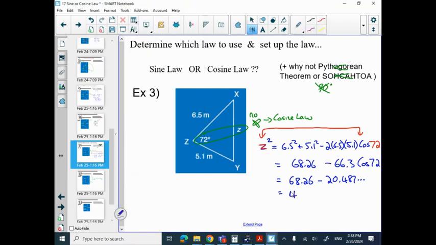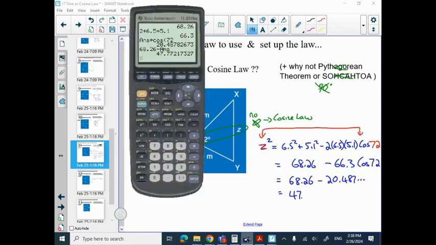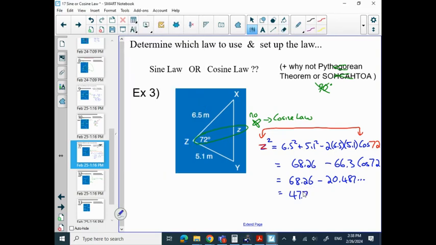47.8. Actually, I might say 47.7 dot dot dot, because I'm still going to be doing the square root. So I have z squared equals that. And so this way we take the root of both sides, and of course we're going to use the positive answer because it's a length of a triangle.